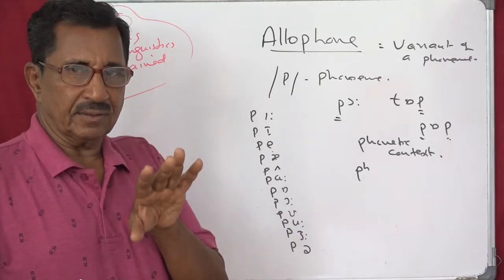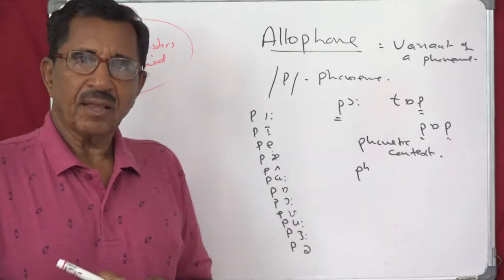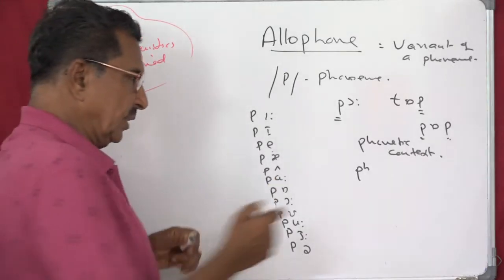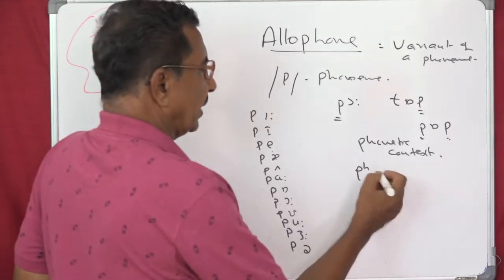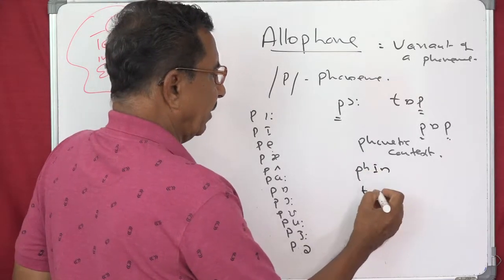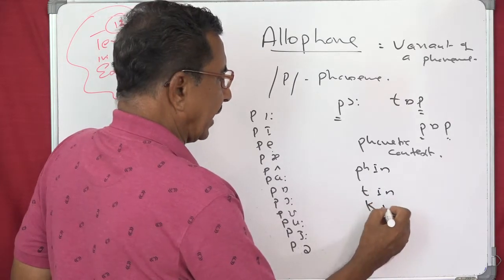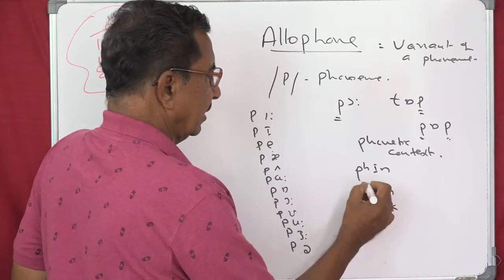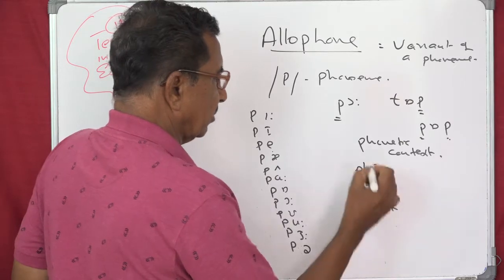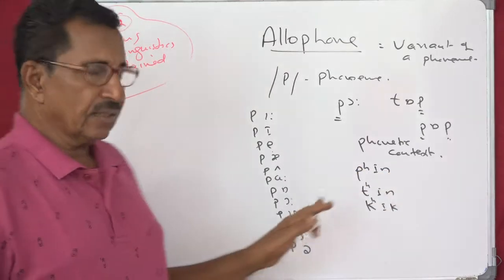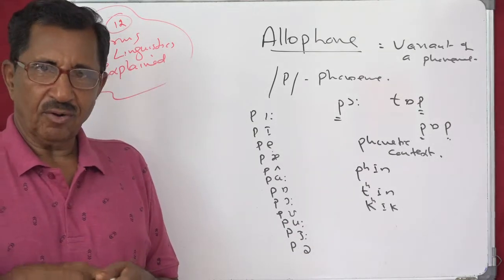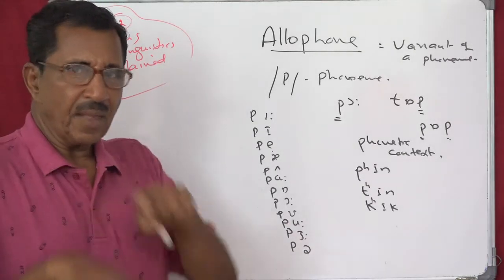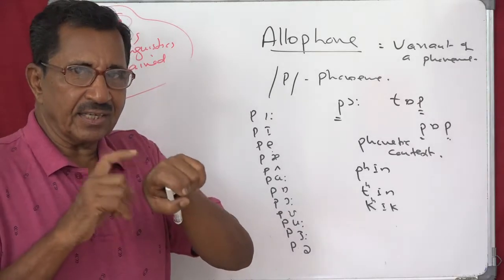And this happens when voiceless plosives like P, T, K occur in the beginning of a word. So it is pin, thin, and kick. These sounds will be accompanied by a small h sound or a puff of air. Pin, you can feel it here.